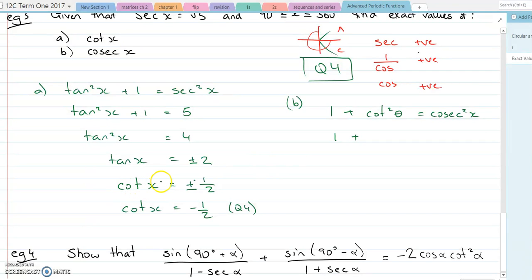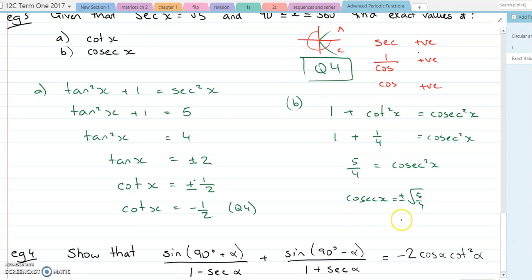So cotangent squared is a half squared, or a quarter, equals cosecant squared. So 5 over 4 equals cosec squared of x. So cosec of x is square root of that, plus or minus.